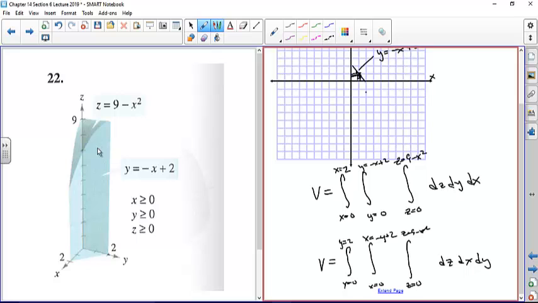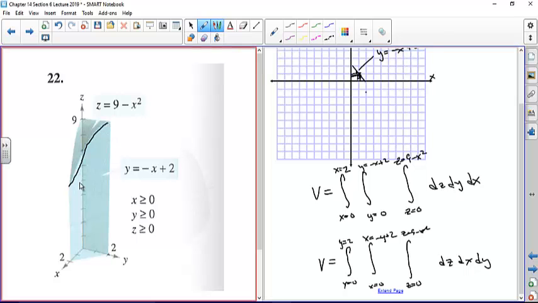Now again, if you chose to do y and z first, or z and y, you'd have this intersection of this parabolic shape and this plane. This is the equation for a plane in 3 dimensions, and it's parallel to the z-axis.